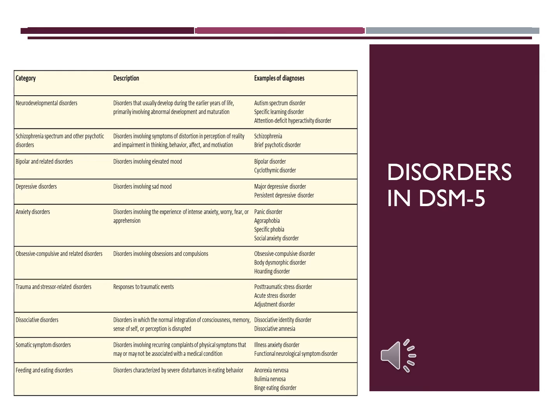This is just a chart to give you an example of what some of the categories, descriptions, and example diagnoses may look like. We've got anxiety disorders, but there are several different anxiety disorders. If somebody is experiencing intense anxiety, worry, fear, apprehension, it could be panic disorder.